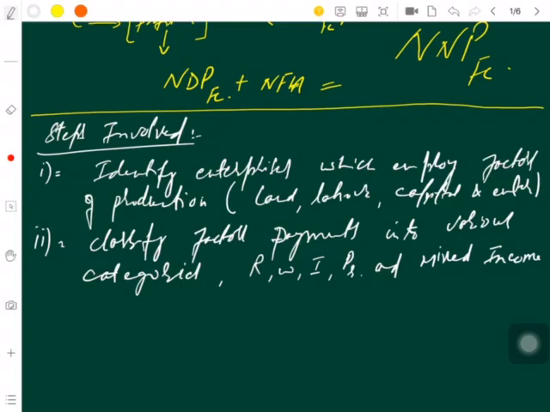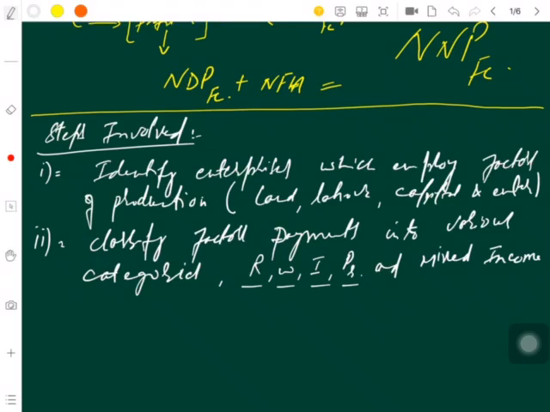See, rent, wages, interest, and profit are directly related to the factors of production we are talking about, but there are people who are not working in organized sectors and they do earn some income. Their income is to be evaluated, is to be calculated.